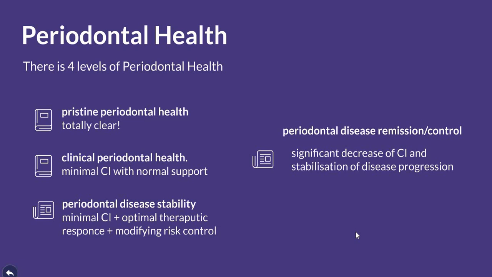We have 4 levels of periodontal health. We have pristine periodontal health, which is totally clear. The patient has nothing physically, mentally, socially, and there is no inflammatory process. While clinical periodontal health, we have minimal clinical inflammation with normal periodontal support, with normal bone, periodontal ligament, with normal gingiva, for example.